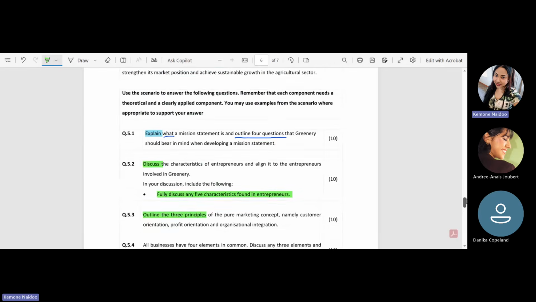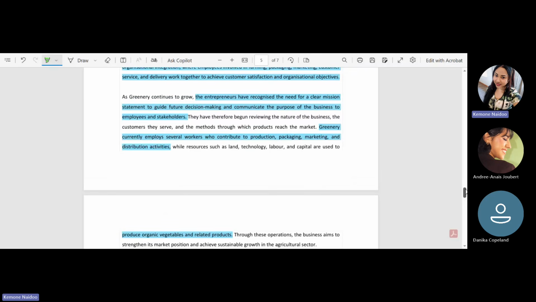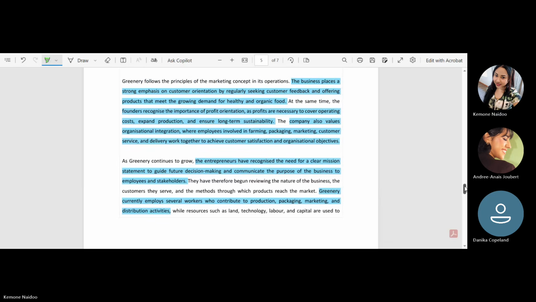So if we go to the case study, firstly, you give your theory, right? So customer orientation means that all business activities focus on satisfying customer needs. So we have to go back and look at where in the case study can we find something that shows that we care about our customers.